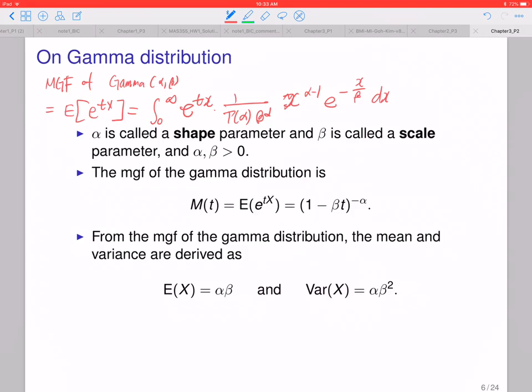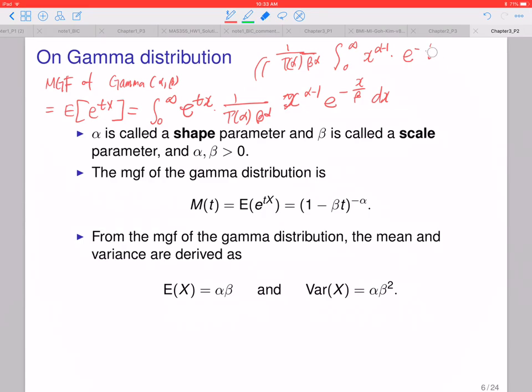How to compute this? The key idea is to simplify the constants, and then recognize that it is an x polynomial part and an exponential part.